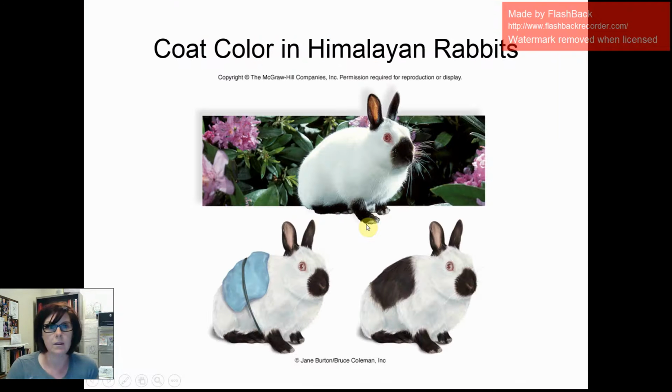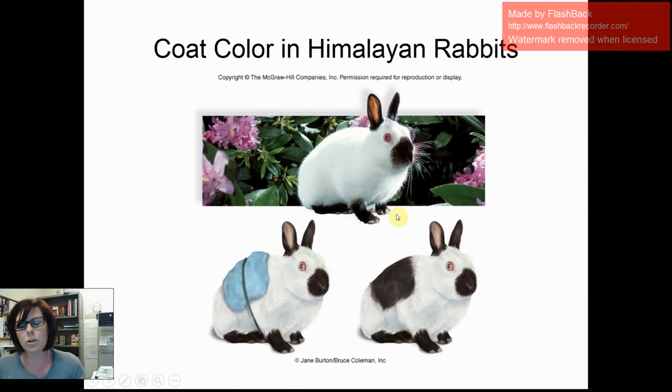Alrighty. Now, there are some characteristics where the genes are actually turned on by the environment. So it's genetic, but it doesn't get turned on or off unless the environment has an effect on that. So if you look at Himalayan rabbits, here are the extremities, where the color pattern is.